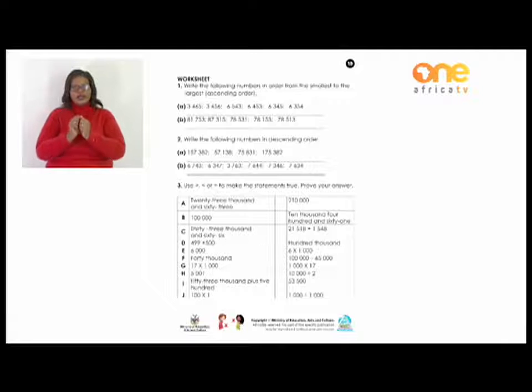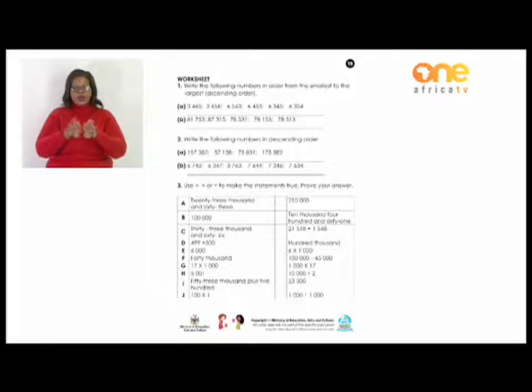I will just explain where there is a need for change and so on and so on. The first one, number 1, you need to write these numbers in order from the smallest to the largest. And that is also called ascending order. So the numbers are there, under A and B, so you have to arrange them.